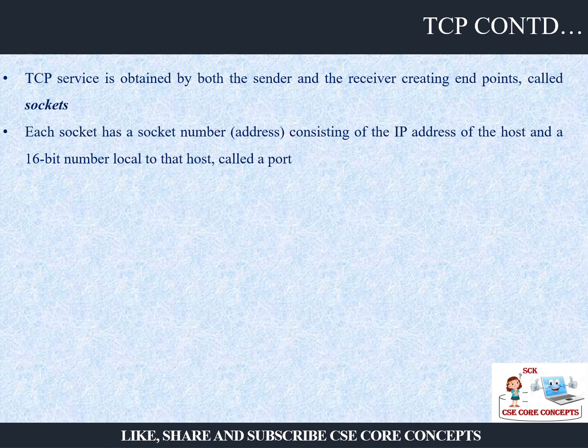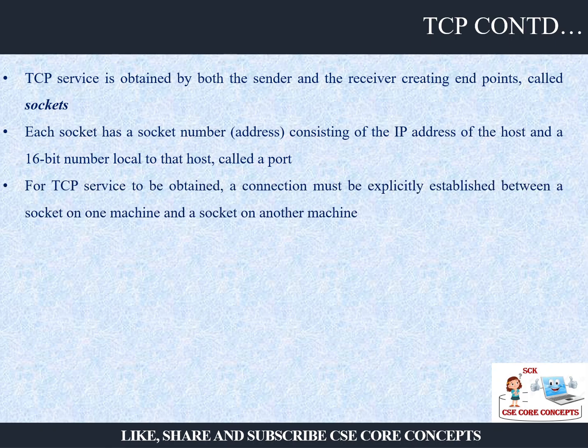So the socket contains the IP address plus the port address, that is, which destination IP and which port you want to use, right? So for the TCP service to be obtained, a connection must be explicitly established between the socket on the sender's machine and the socket on the receiver's machine. So both sockets should be explicitly connected.